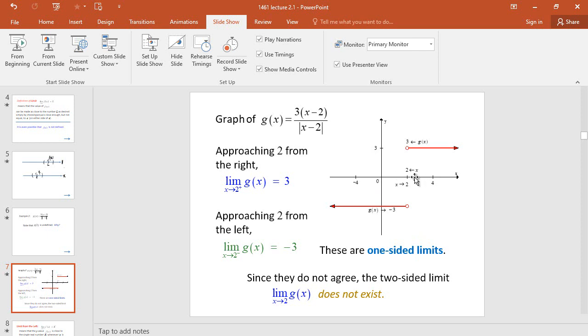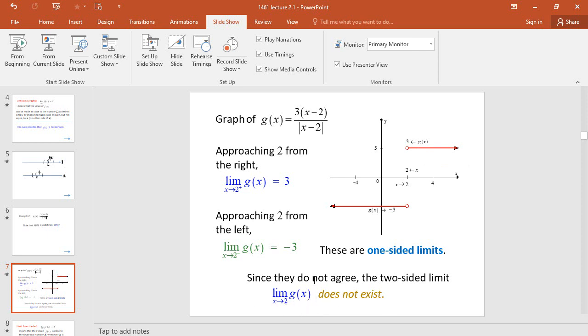So when x approaches 2 on the right side, then the value of the function is close to 3. But when x is close to 2 on the left side, the value of the function is close to negative 3. So in this case, the limit of g of x as x goes to 2 does not exist.